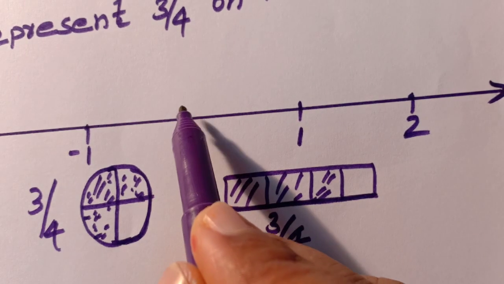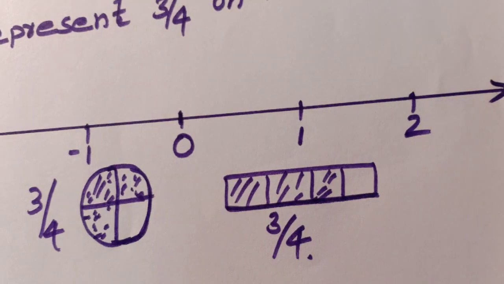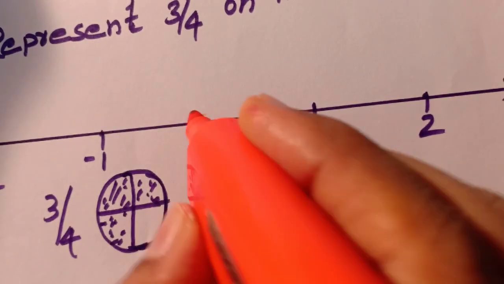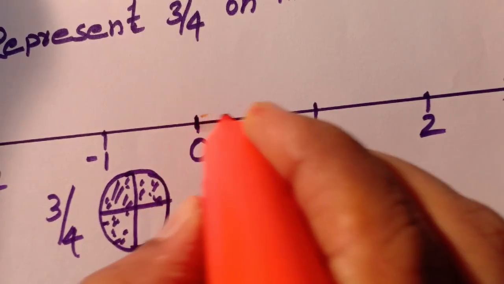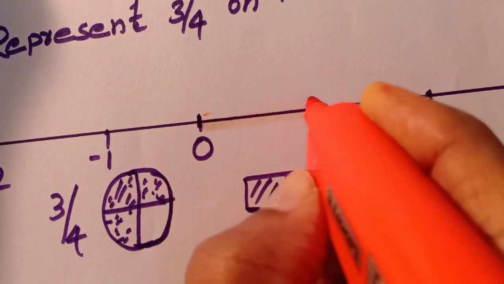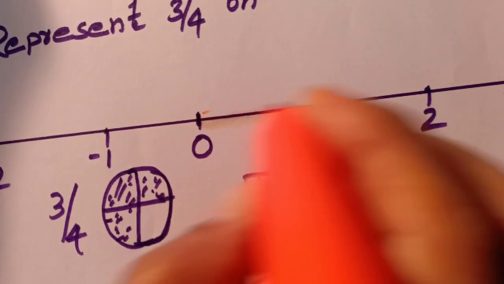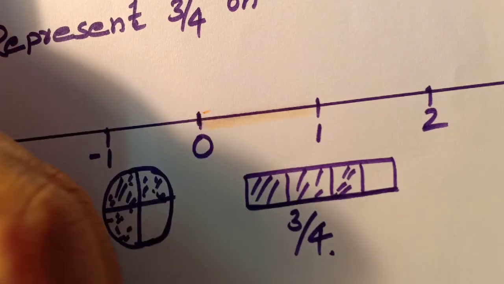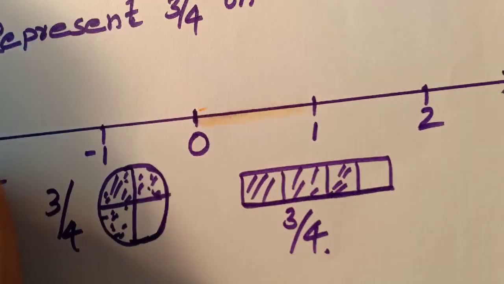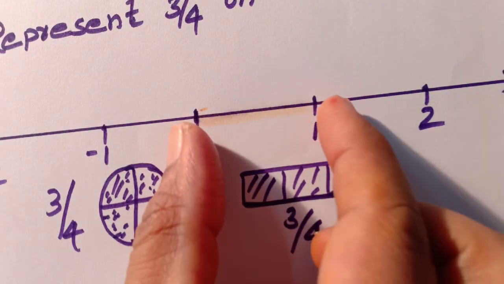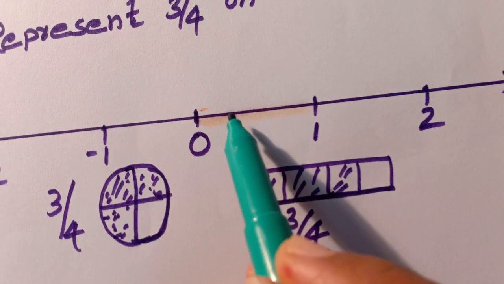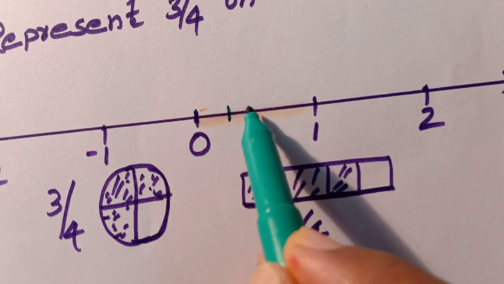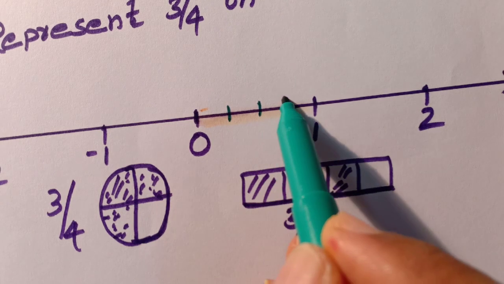This part, 0 to 1, is considered as 1 unit, right? If this 0 to 1 part is divided into 4 equal parts, we will get like this.